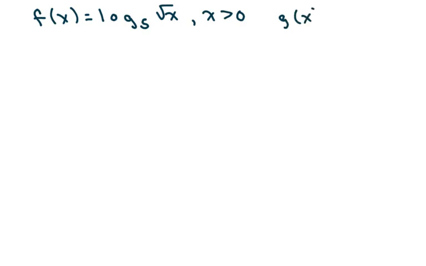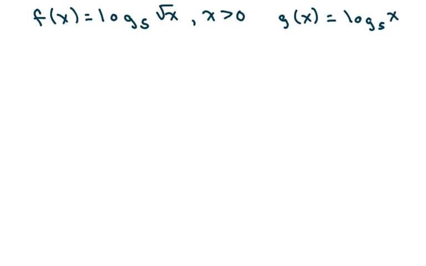So the first one we're going to have is, these are Math SL questions. We have f of x equals log base 5 of square root of x, where x is positive for the domain, and we have g of x equals log base 5 of x.